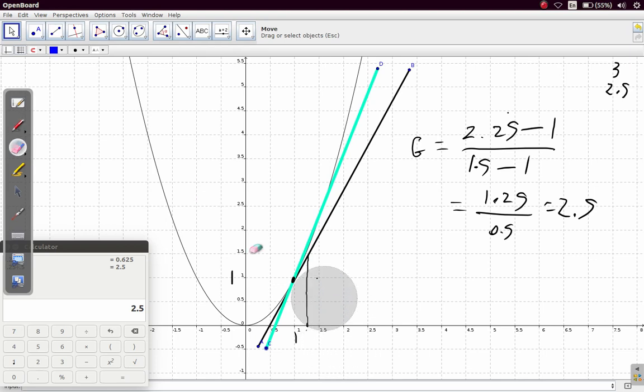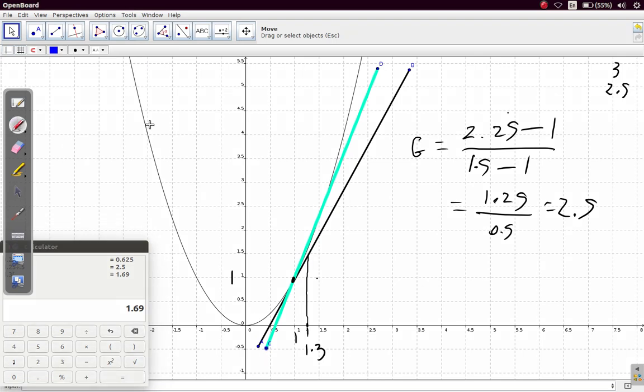We're moving x closer, and it's now at 1.3. When x is 1.3, what is y? y is 1.3 squared, which is 1.69.